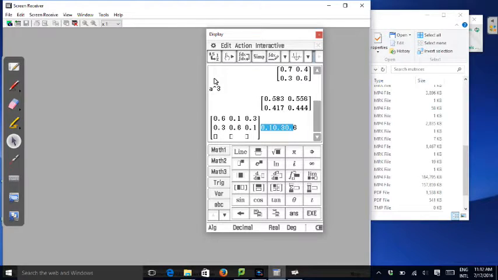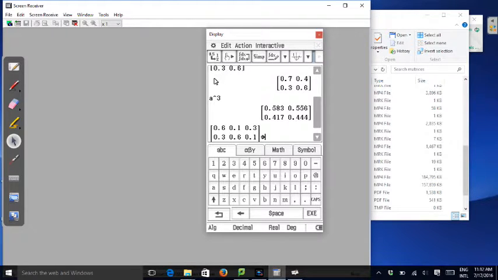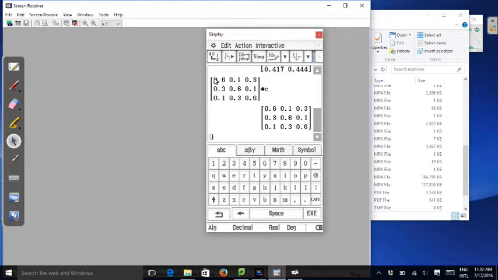Okay, so we got matrix C. Again, I'm going to store it as C. Enter. So again, every time we type C in, we'll get that answer.